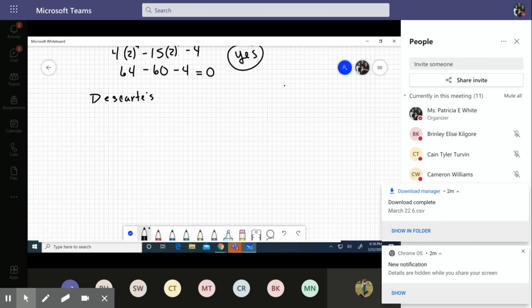All we're going to be doing is counting the changes in the sign for f of x. And this is not obviously what your textbook is going to say. This is just me putting it in my words.